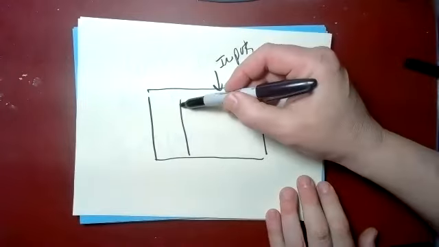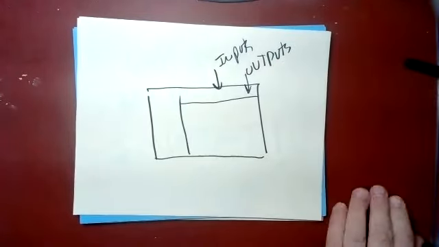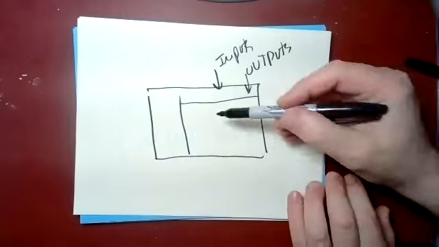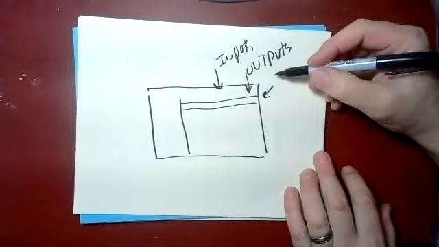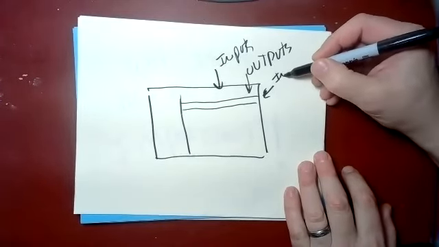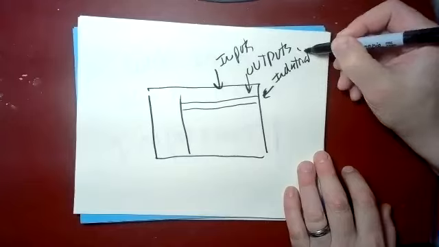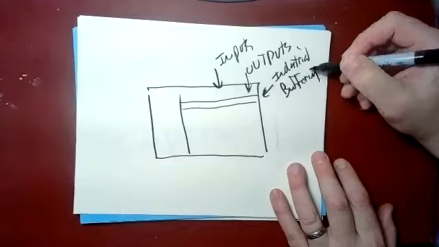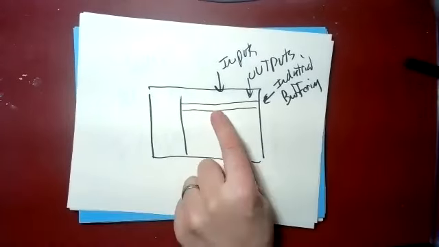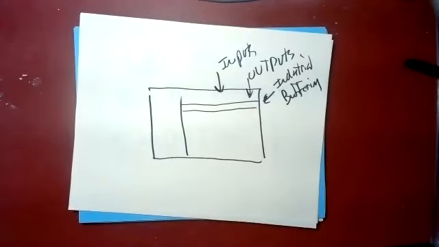And one way that it can be reliable for inputs and outputs is because it has industrial, I would call it buffering. It's protected from all that high voltage, spikes, electrical noise, all that very bad stuff for computers that happens in a manufacturing facility. So it's got industrial buffering.